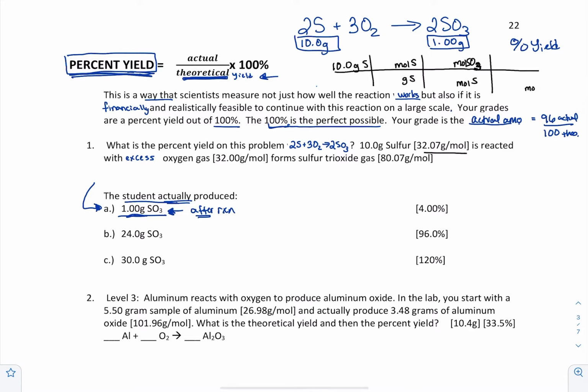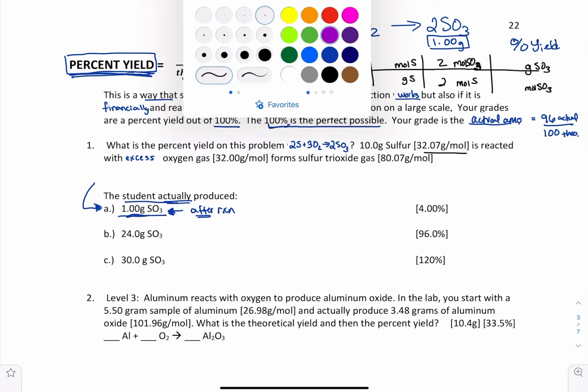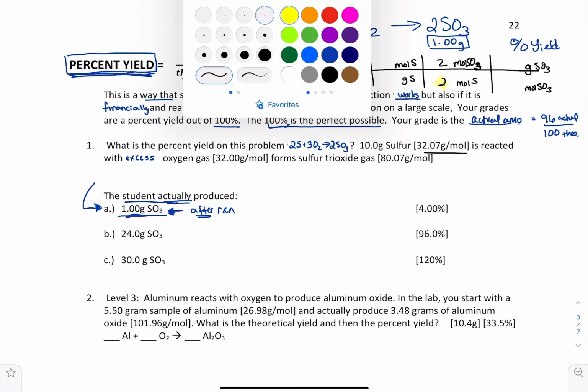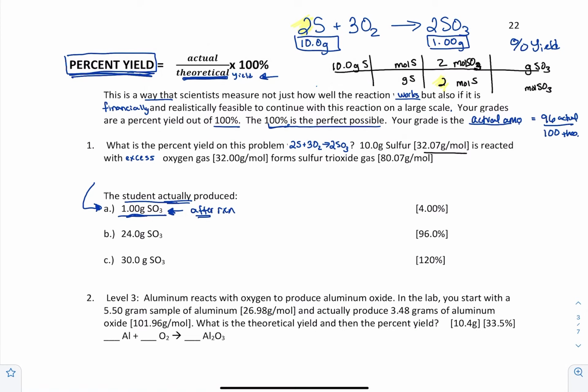Then I'm going to go from moles of SO3 into grams of SO3. Now, this is 2 to 2 based on the coefficients. On the left is a 2, in front of the sulfur. I keep grabbing the oxygen, which is a 3. And then we have this coefficient over here on the right, and that goes in front of the SO3.